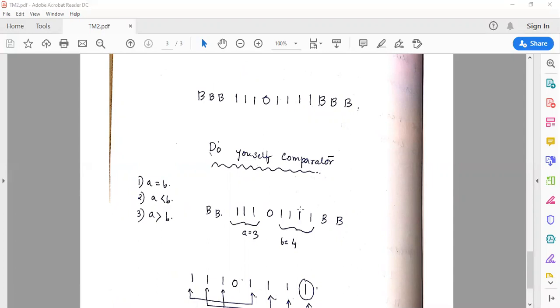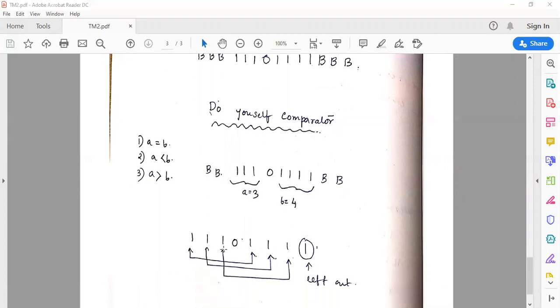Here again, we will be taking the inputs in the unary number system. The two inputs are 3 and 4, and for 3 we have taken 3 ones, and for 4 we have taken 4 ones, separated by 0, same as we had done in the previous question.